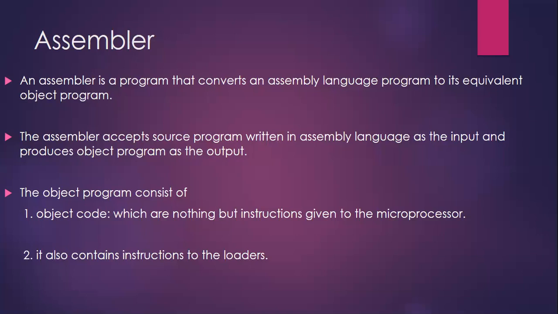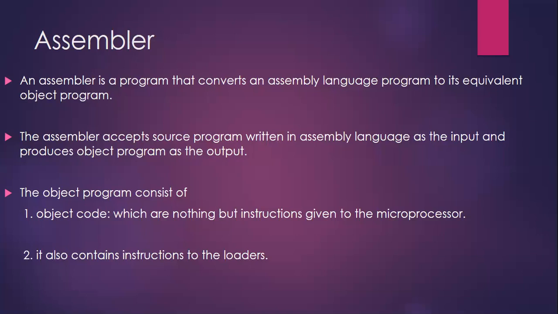One is the object code, which is nothing but instructions given to the microprocessor about what should be done: whether you need to add two operands, or shift the content of a memory location to a register or register to a memory location. Such instructions will be available inside the object code. Second, it also contains instructions to the loaders.